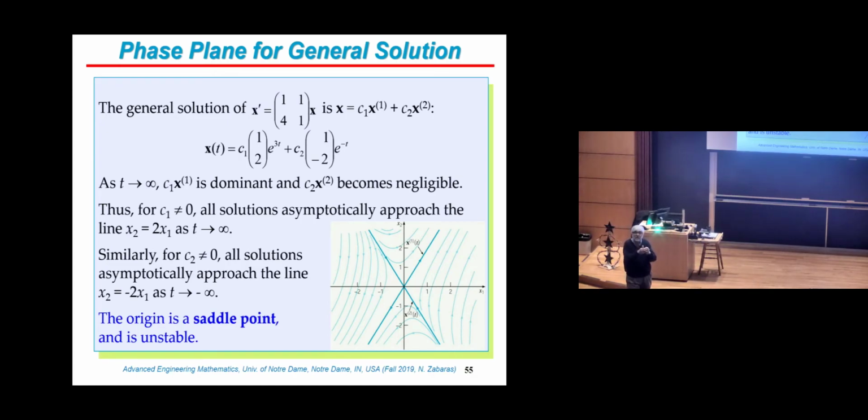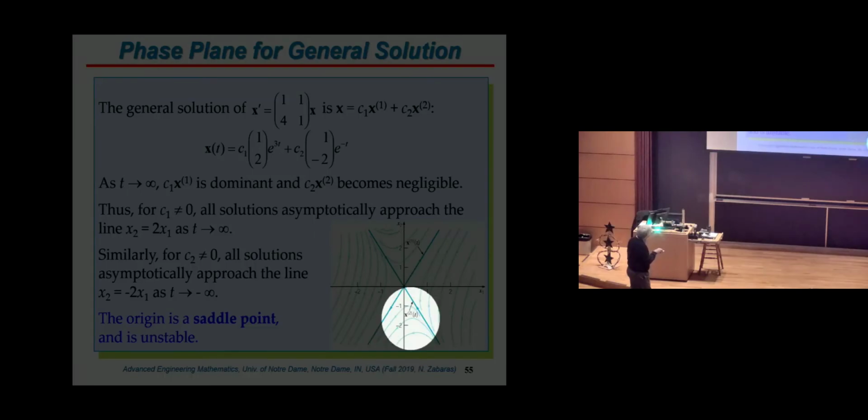What does that mean? That function in one direction does what? It increases, and there's another direction that decreases. So can you tell me something analogous here that allows us to call this a saddle point? So we had two characteristic solutions, all right?